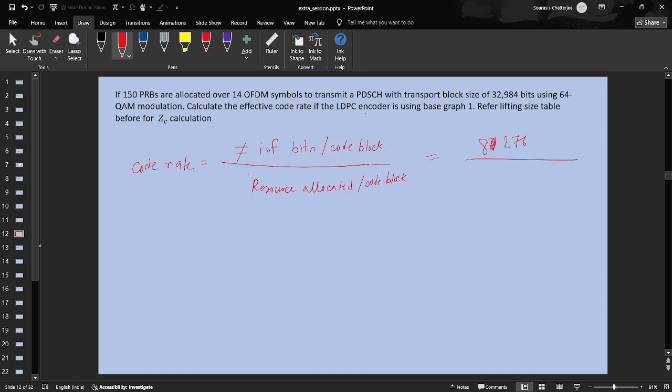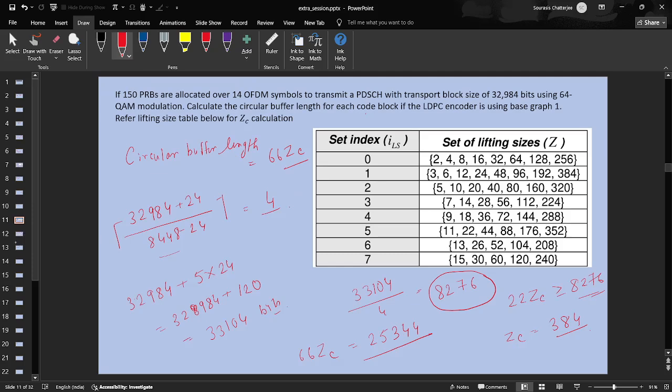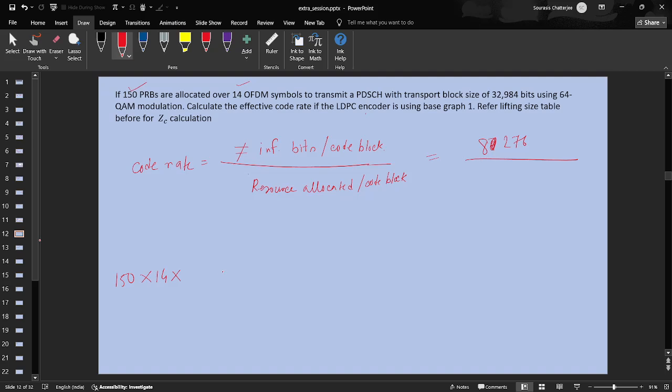And now the task is to find the number of resources allocated per code block. So for this, 150 PRBs over 14 OFDM symbols come into the picture, and what should it multiply with? 64 QAM modulation, so how many bits per sample? 6. Anything else I should multiply with?